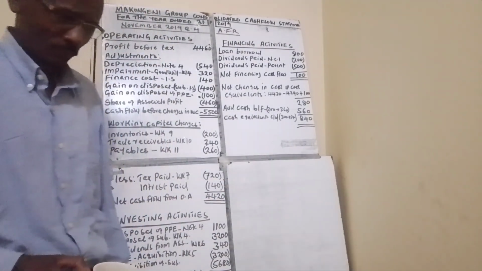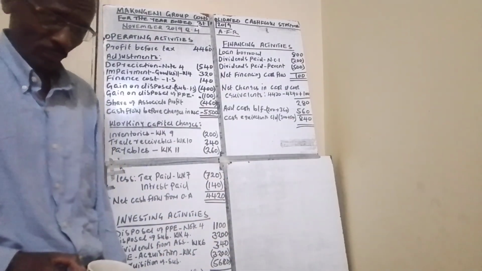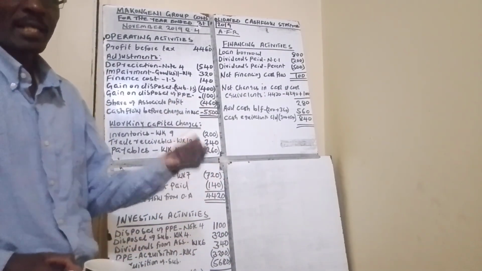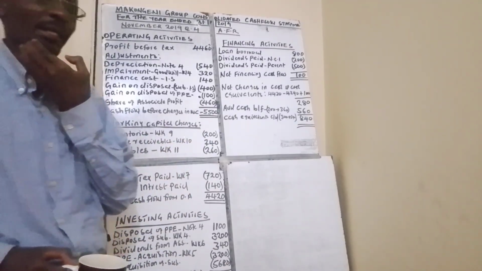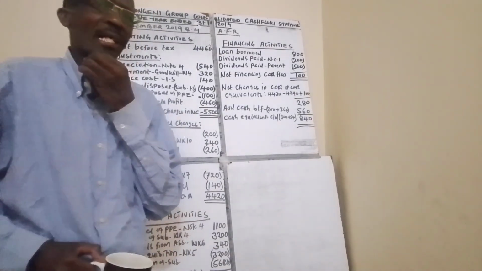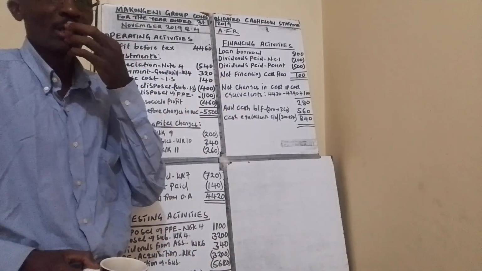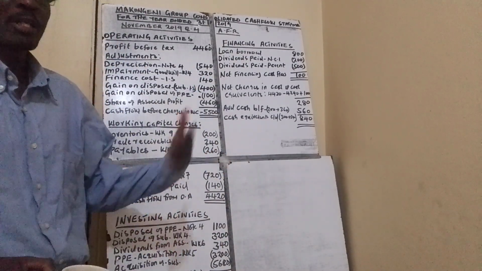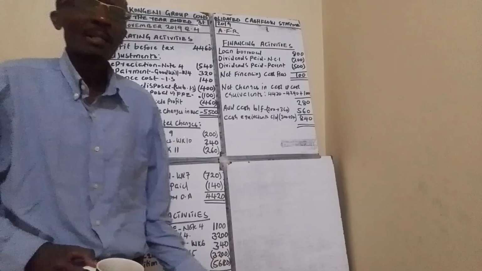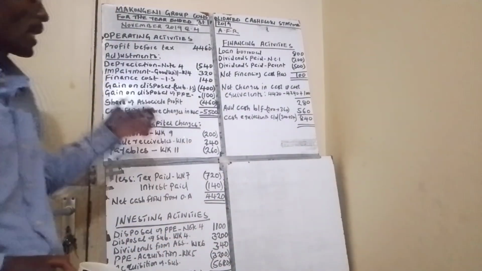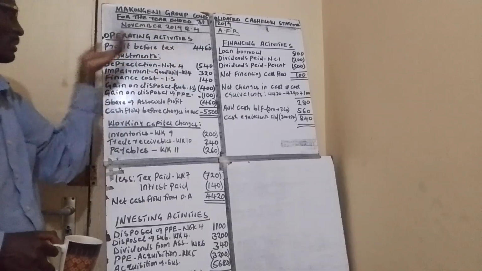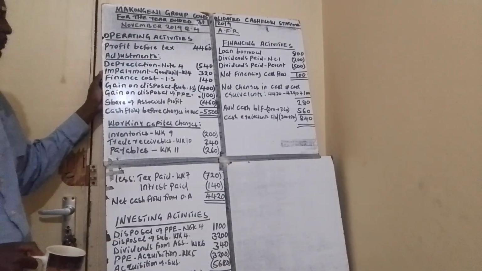An example is depreciation or impairment. Depreciation, we usually deduct when calculating profit, but it does not involve actual cash movement. So you have to add back that depreciation. The same with impairment. We deduct impairment, but it does not involve actual cash movement. So we have to add back things like impairment.